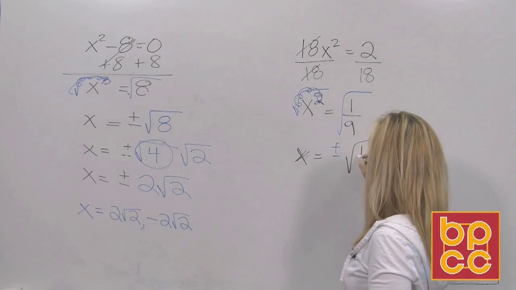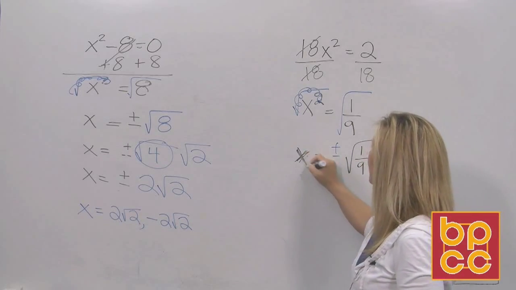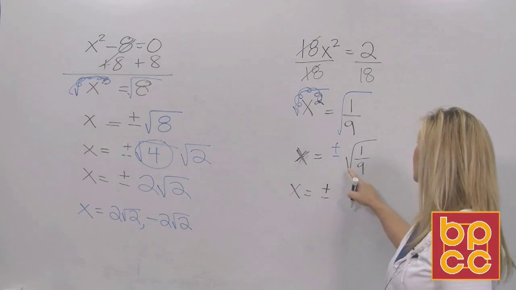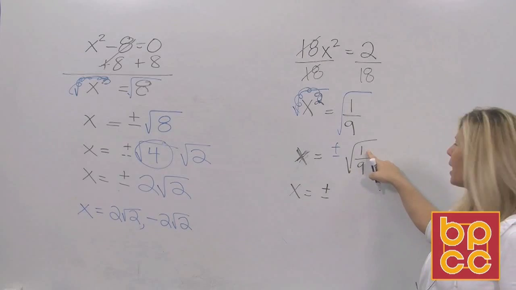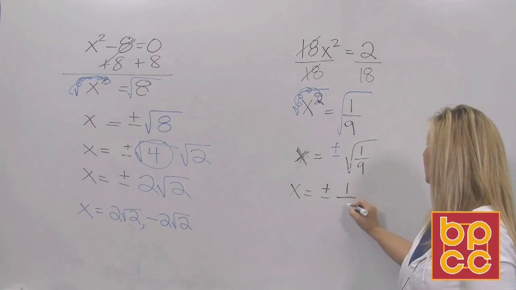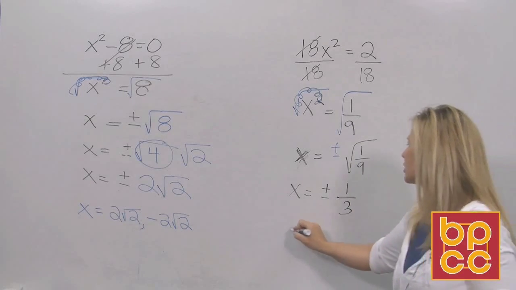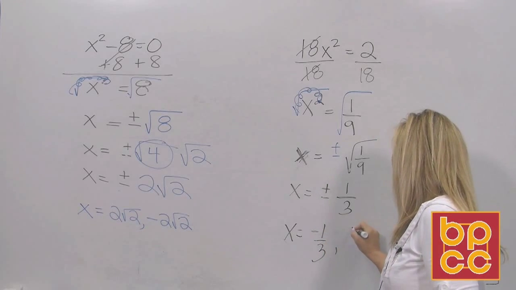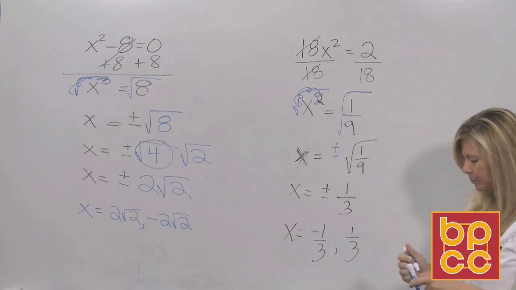And we have the square root of 1/9. Now, can we leave the square root of 1/9? Absolutely not. We've learned in algebra, this square root belongs both to the numerator and to the denominator. So the square root of 1 is 1, the square root of 9 is 3. So we have two answers here. X is negative 1/3 and x is positive 1/3.